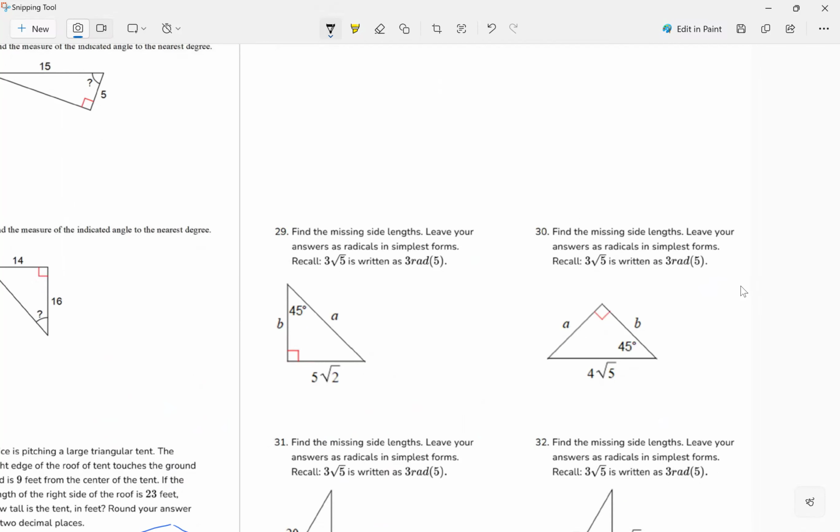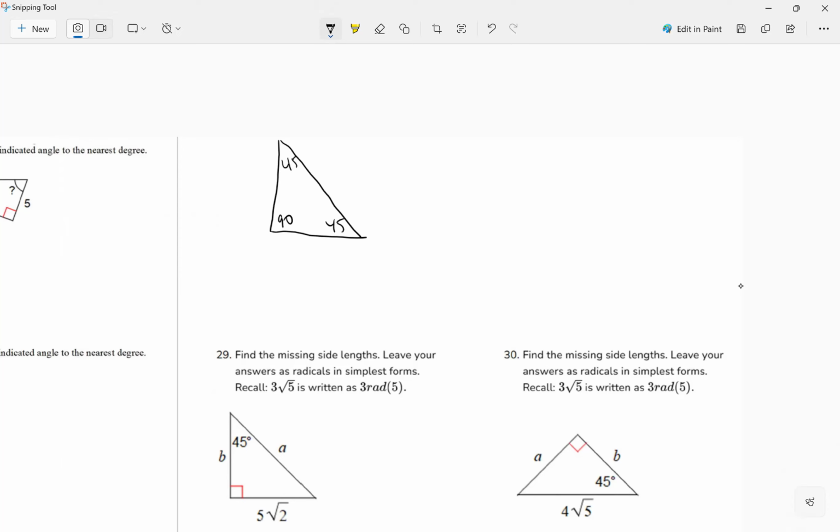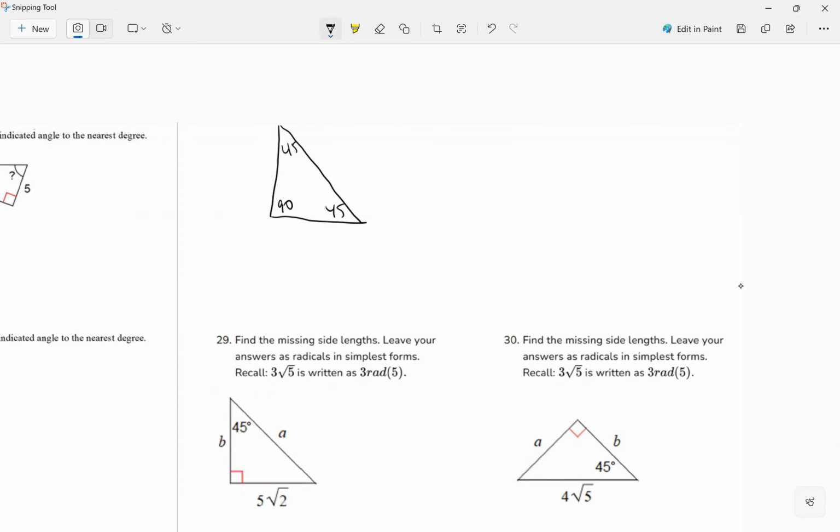One thing I want us to remember, we talked about the Pythagorean theorem yesterday. Let me draw a 45, 45, 90 triangle. I call it 45, 45, 90 just because those are the measurements of the triangle.